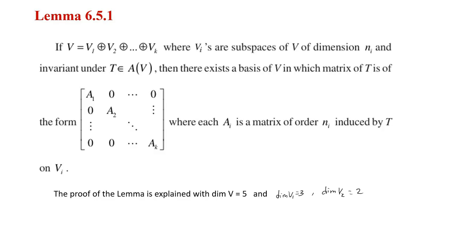So in this case, what we consider is the restriction mapping, T restricted to that subspace. So that will be the induced transformation. So that is what is mentioned here: Ai is a matrix of order Ni cross Ni induced by T on Vi.